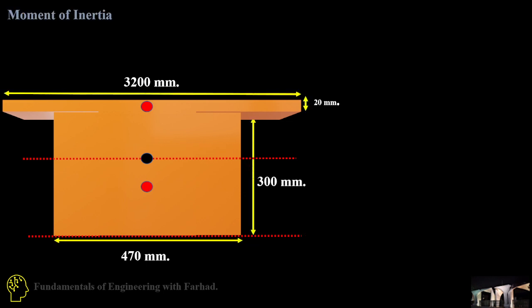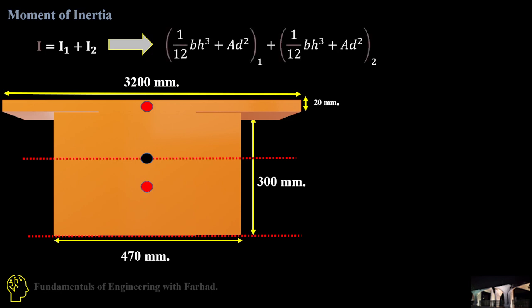The next part in the calculation of stress is the moment of inertia. Again, we have two parts. The total moment of inertia is I1 plus I2, and each of them consists of 1/12 base times height cubed, plus A d squared, because there is a distance to the centroid for those sections.